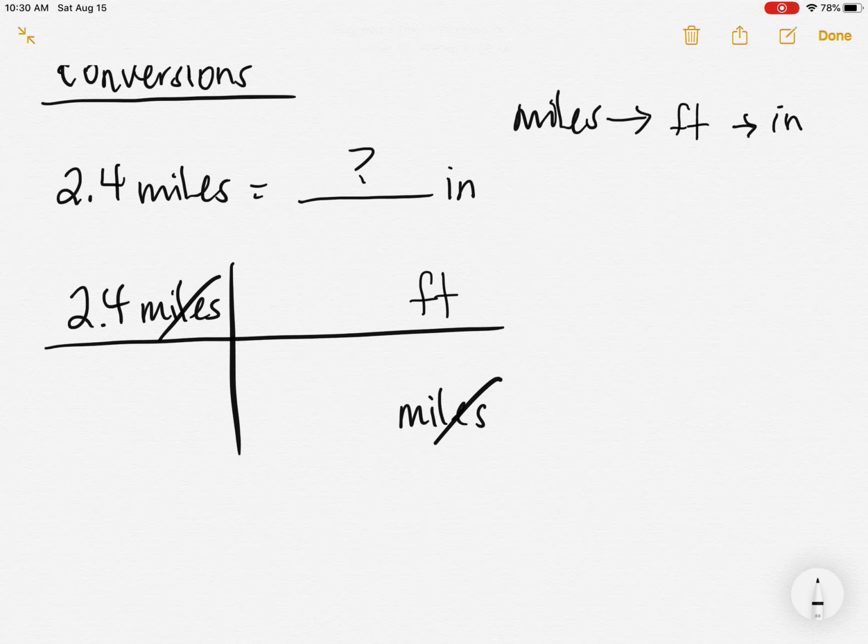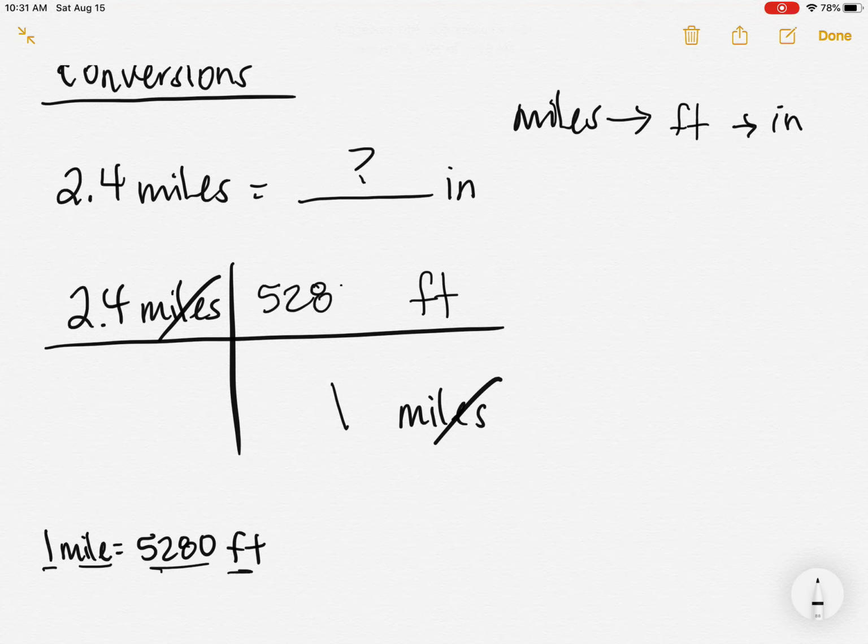So if I look on my paper, I see that 1 mile, I'm just going to write it down here, is equal to 5,280 feet. And some of you may have known that, okay? So I'm going to do the same thing. My paper says 1 mile. So where I wrote miles, I'm going to put a 1. And where I wrote feet, I'm going to put 5,280, okay?